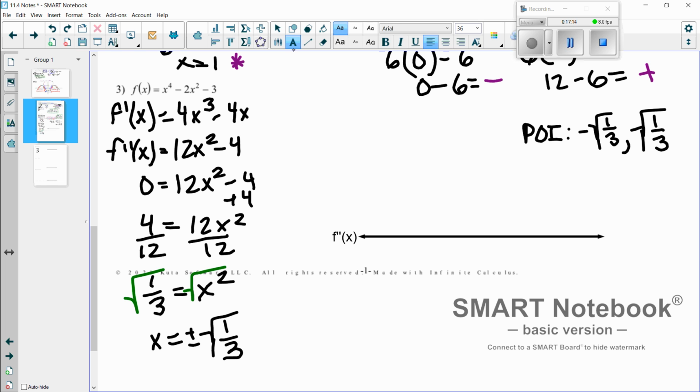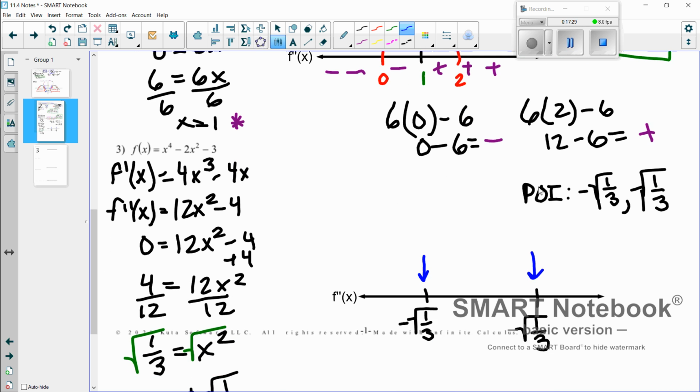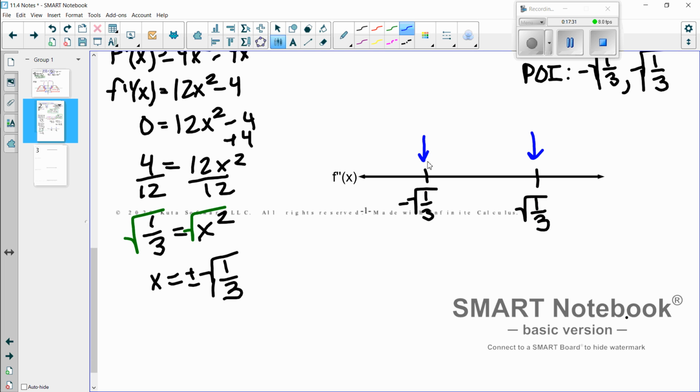So we plot our inflection points on the line, and I'm going to write these arrows just to keep in mind those are my 2 inflection points. Our steps say to plug in values to the left and the right of our inflection points. Let's go with -1, 0, and 1. Those are going to be the easiest.